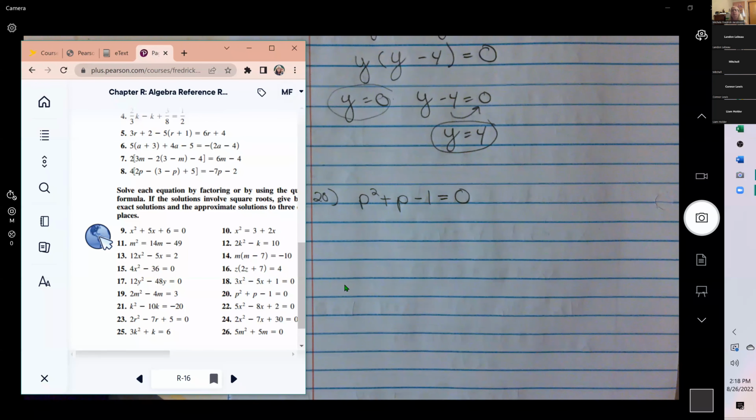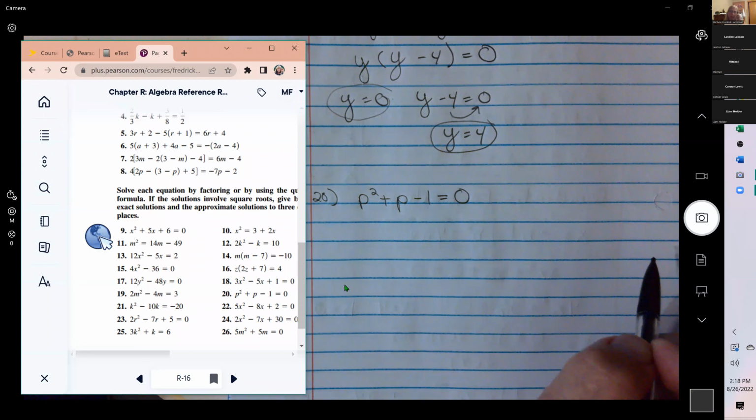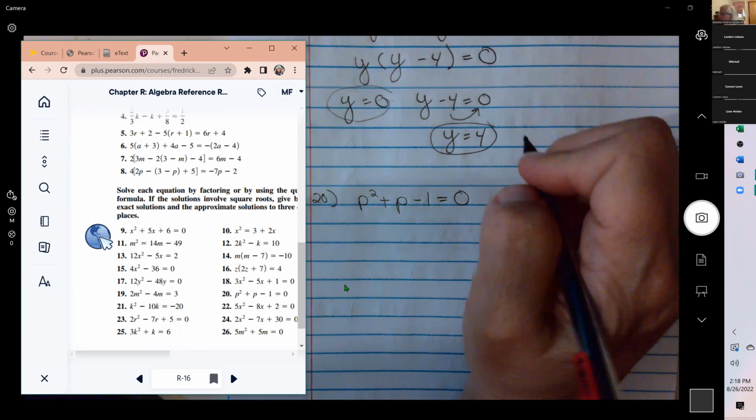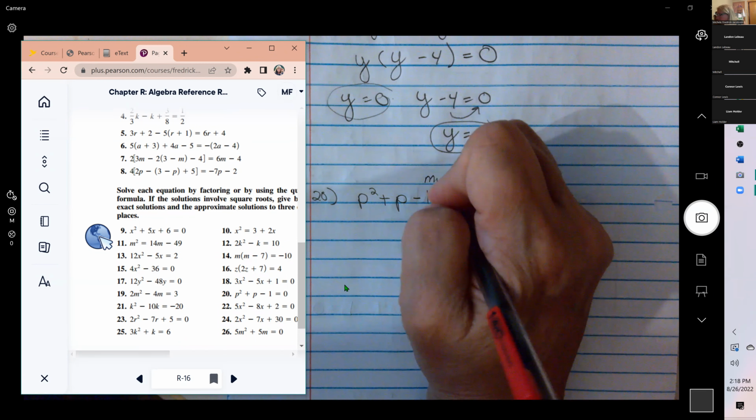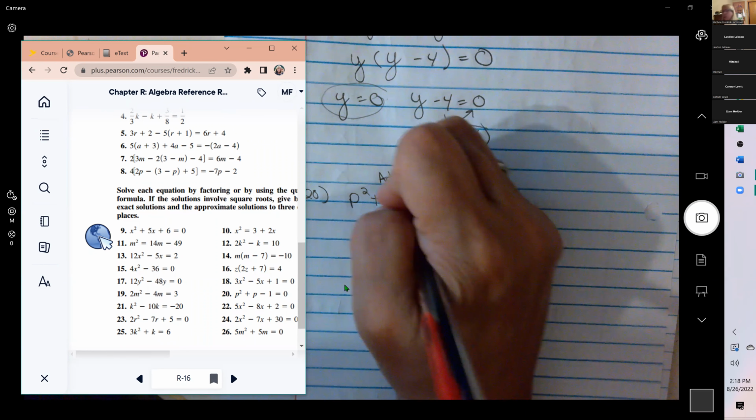Okay, so 3 terms, looks like we would want to factor it. It's set equal to 0. So to factor it, we want 2 numbers that when we multiply, we get a -1, and when we add, we get a +1.